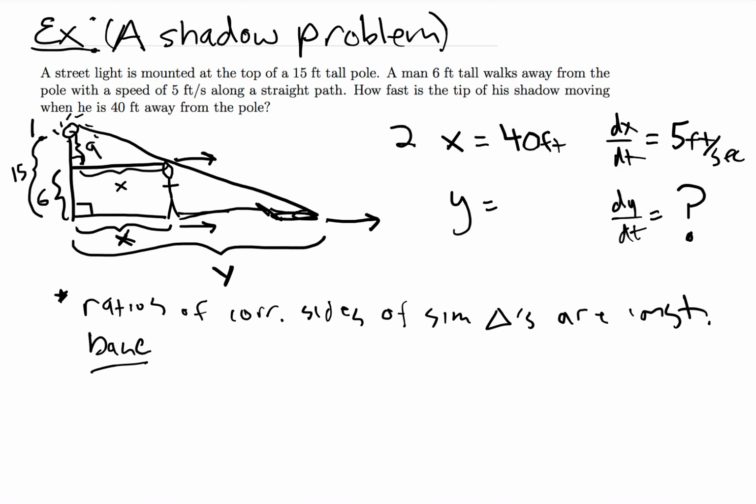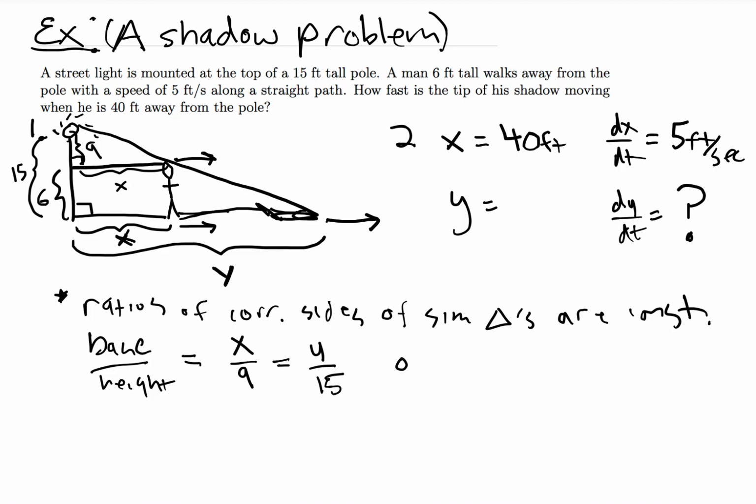Here, my base to my height for both of these triangles. If I wanted to look at the smaller one, this is basically going to be x over 9. If I wanted to look at the bigger one, this is going to be y over 15.